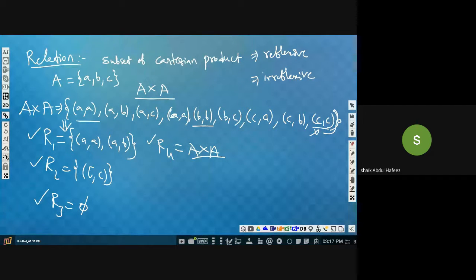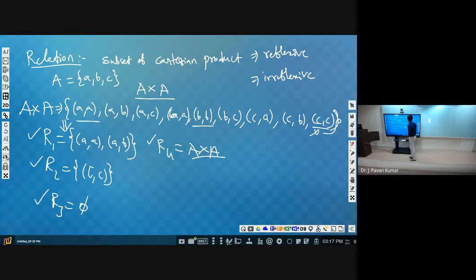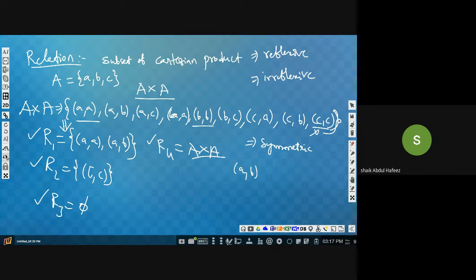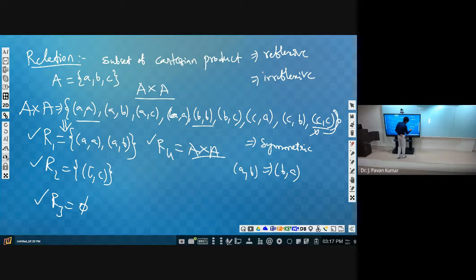Yeah. Next, coming to other properties of the relation, like symmetric. What is meant by symmetric? Symmetric relation. If A comma B is there, B comma A should also be present. If B comma A is there, then A comma B should be present.